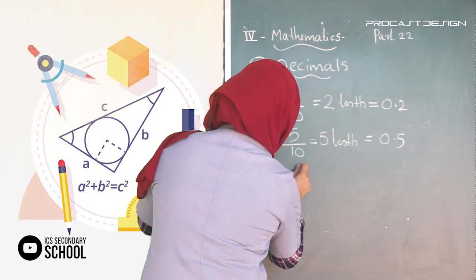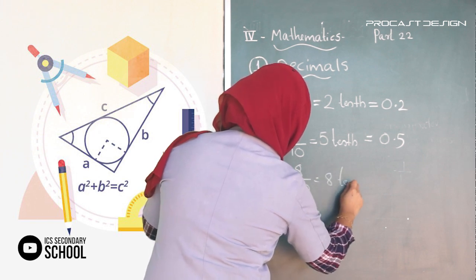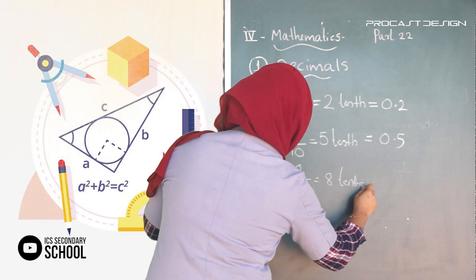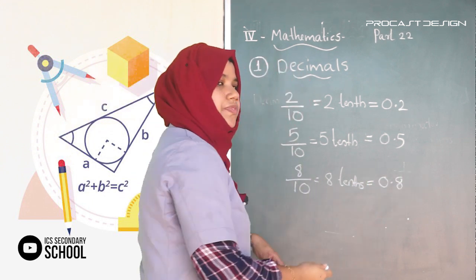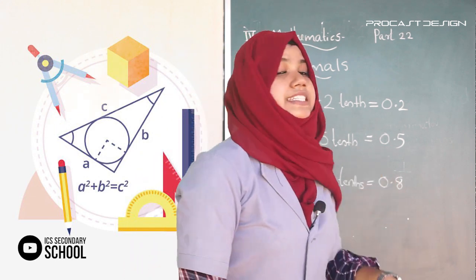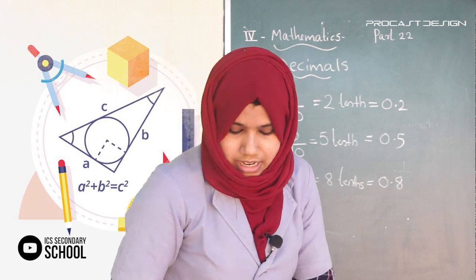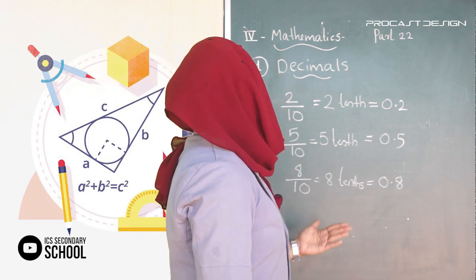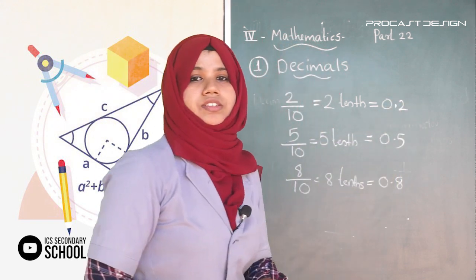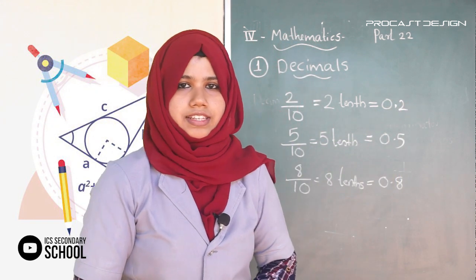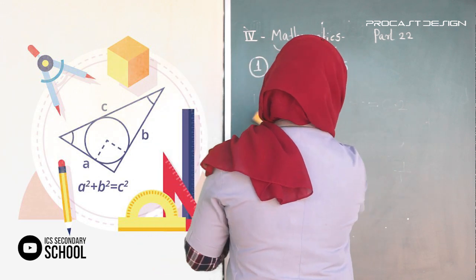Like that, 8/10 we can write as 0.8. Is it clear? These are the decimal numbers. This point is called the decimal point. Is it clear? Okay.